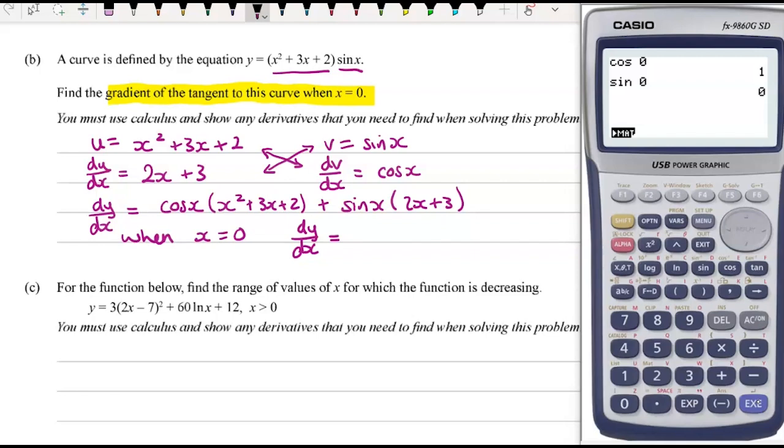It's this bit just here, because if we do this bit, the sine x is going to be a 0, so that's going to fall away. So popping in x equals 0 into here means this bit is equal to 1, 0 squared is 0, 3 times 0 is 0, and then plus 2. So it'd be 2 times 1. So our gradient is 2.